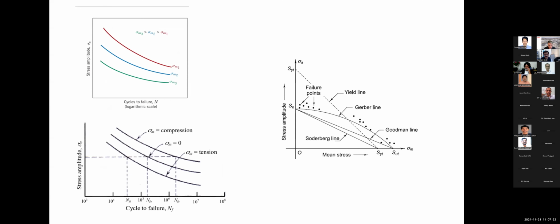Now, related to this is what Professor was talking about earlier, the concept of CLDs. And before going to CLDs, we have what we call the failure diagrams. What we understand here is, again, we are plotting the mean stress versus the stress amplitude. You have 0 here. The stress amplitude increases this way. And if this is the yield strength, this is the endurance limit. Similarly, this is the yield strength, and this is the endurance limit.